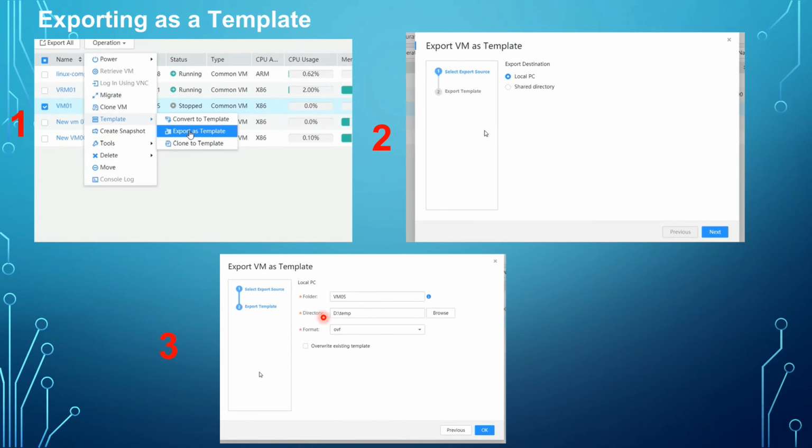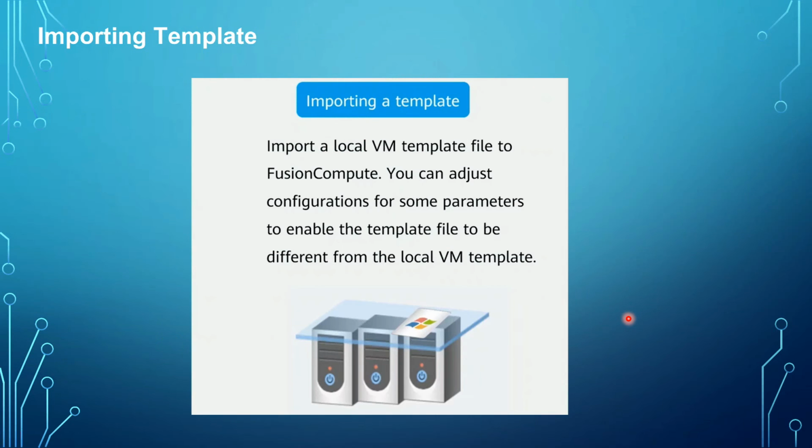Okay, we can also import a template available on our PC. So you can import it to the FusionCompute environment. For example, if you have a Windows or Linux template, or any appliance in template form, you can deploy it as well. And Oracle also provides some templates, but it depends on the format.